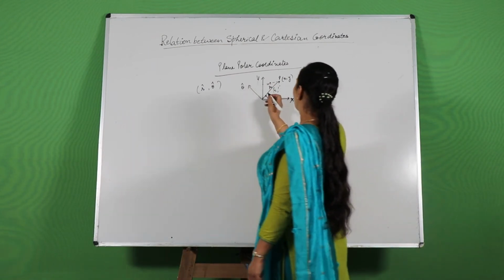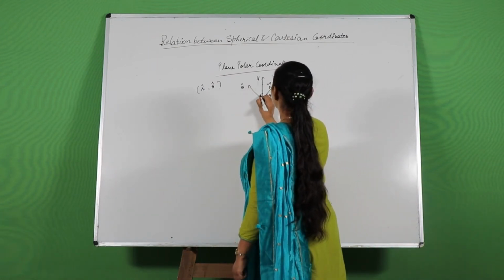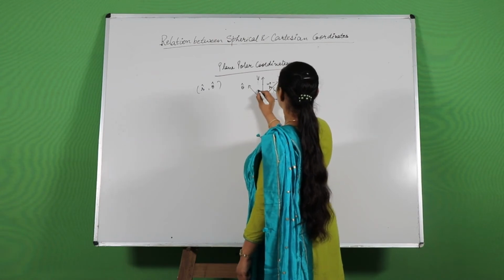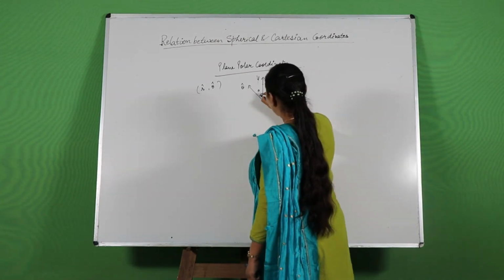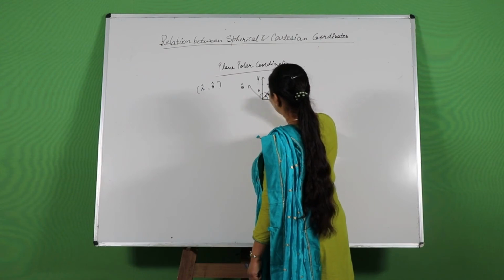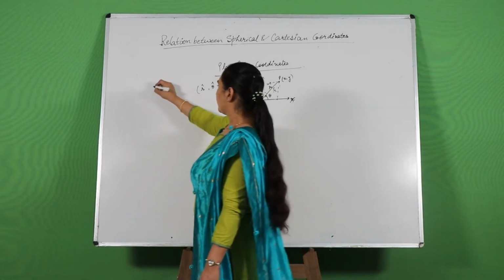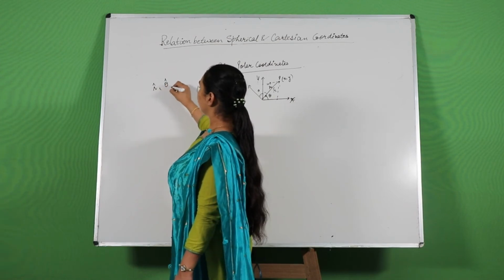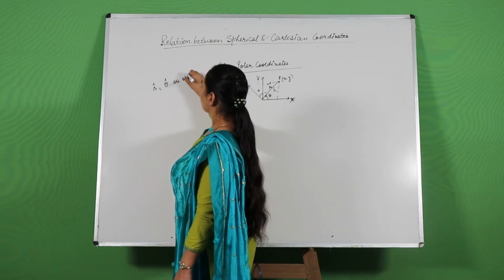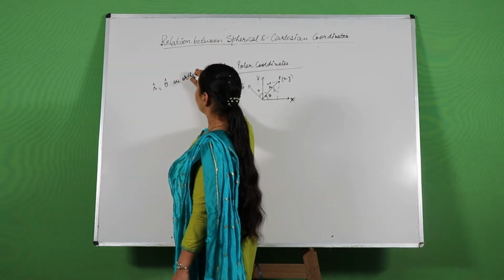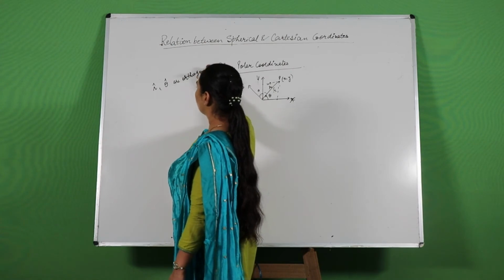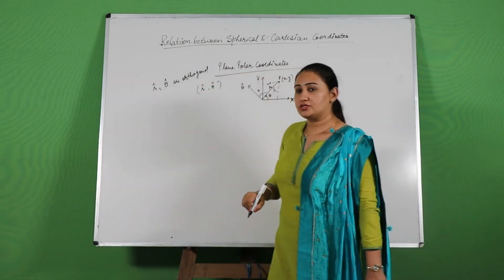So this angle is theta. And one property of a plane polar coordinate is this: your r cap and your theta cap, they are orthogonal to each other, and we will be proving later on how they are orthogonal to each other.